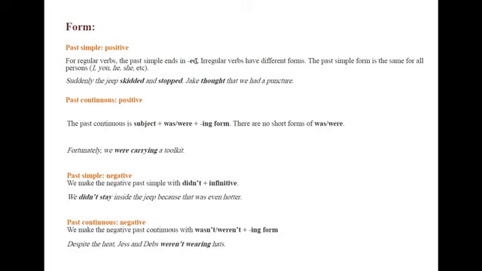The past simple is the second form of the verb, and we should add ed to the end of the verb. Irregular verbs have different forms or different shapes. The past simple form is the same for all persons: I, you, he, she, it, and so on.